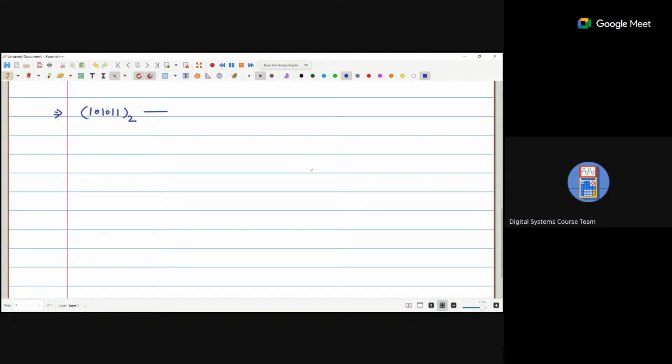The question is how we convert this binary number into a decimal number.